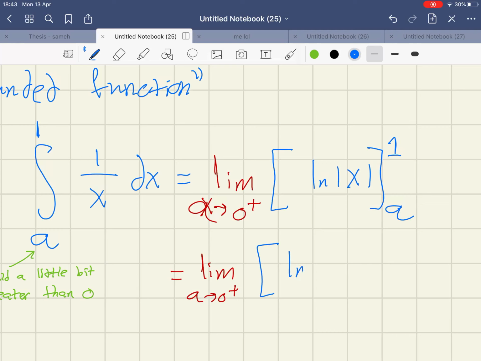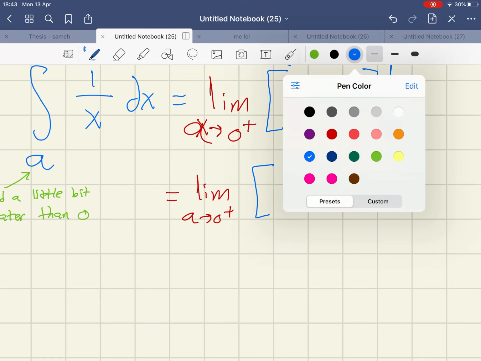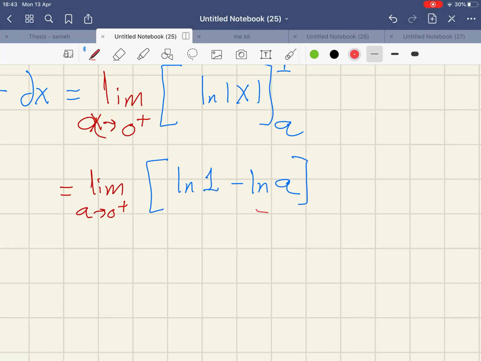We substitute 1, so it is ln of 1 minus ln of a. Now, if you look at this, direct substitution should give me ln of 1, which is 0, minus ln of 0 plus, and if you remember, this is negative infinity. But then there is a negative. Let me just write it down here so you don't forget what we are doing. If we do direct substitution, we get 0 minus ln 0 plus, and this is negative infinity.